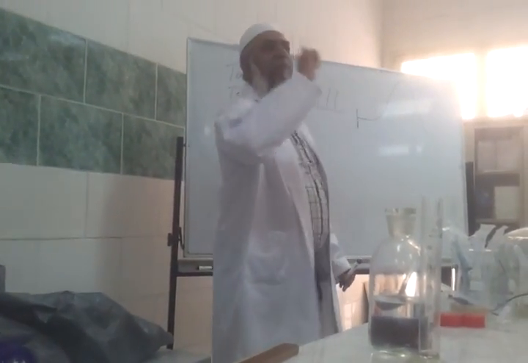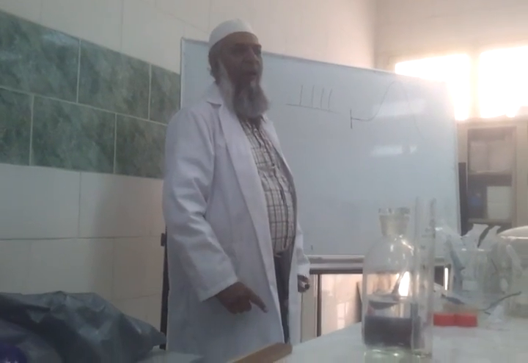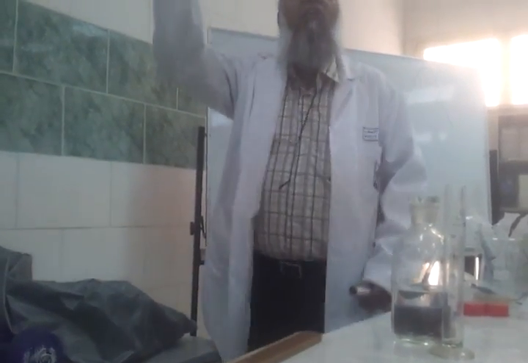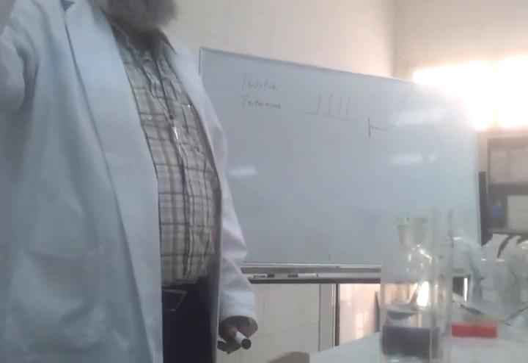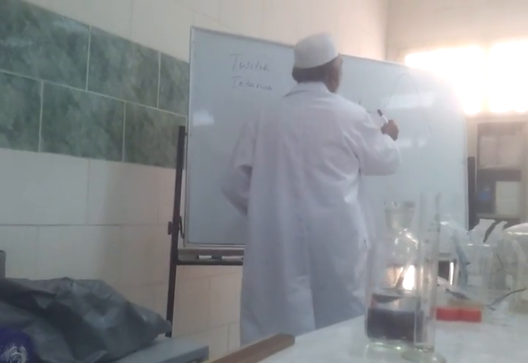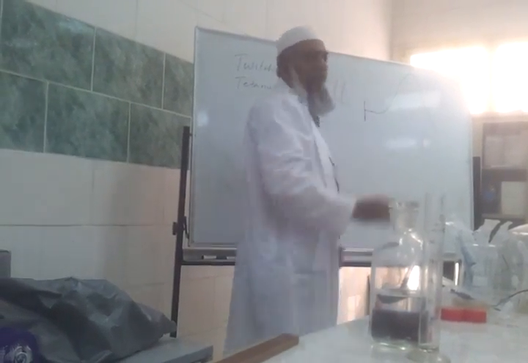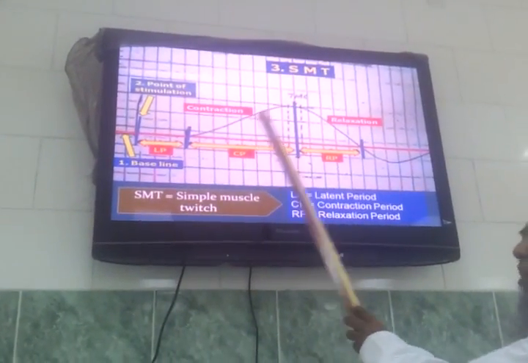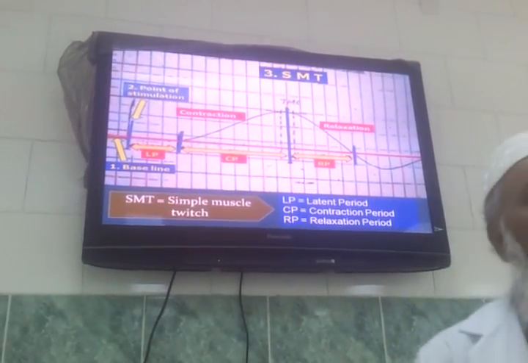As the paper moves and comes to this point, automatically the machine will give an electrical stimulus to the muscle, and the muscle will respond and we will get a curve. So the point of stimulus will be there before the recording of the curve.